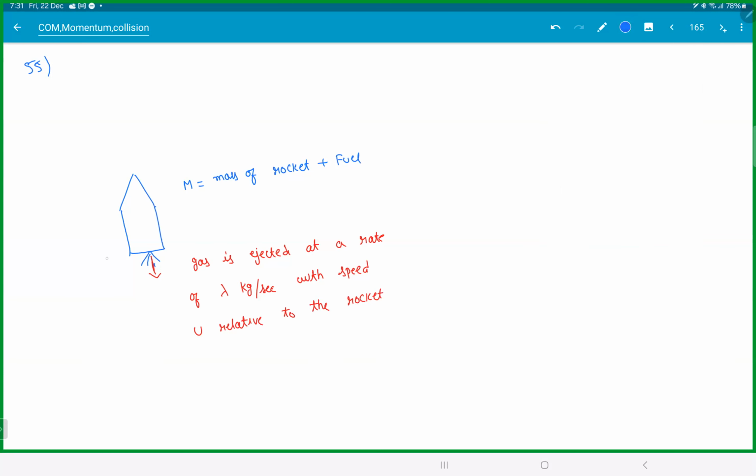Assume the vehicle lifts off immediately. Find the velocity as a function of time t. Meaning the thrust force is strong enough to lift off immediately.